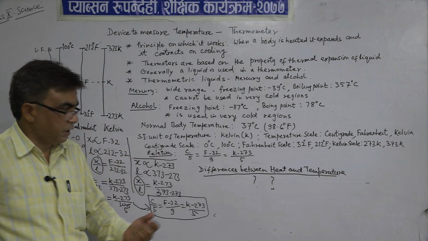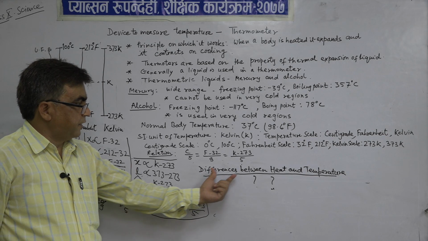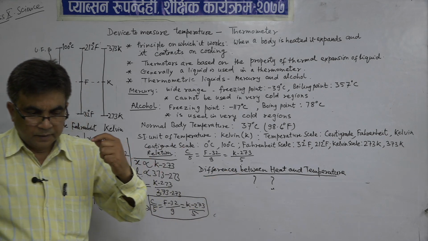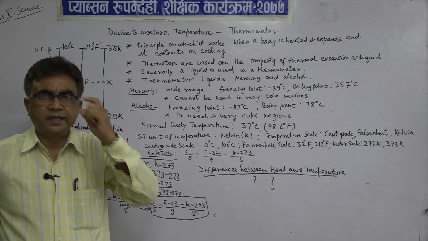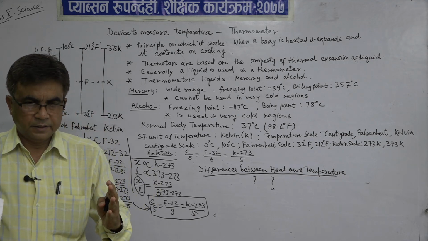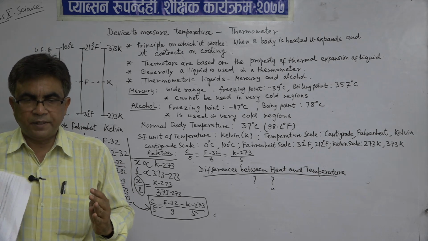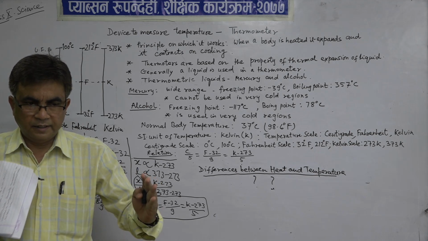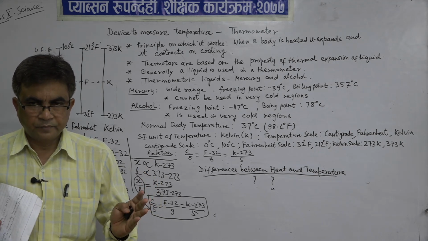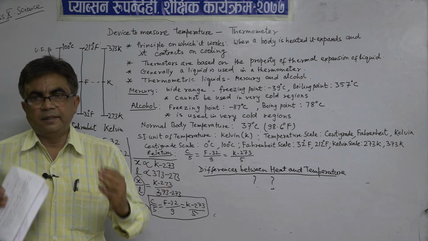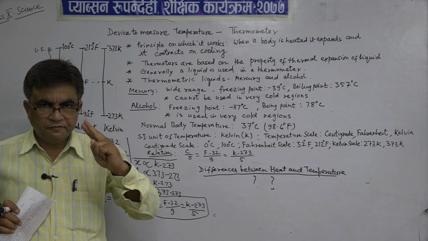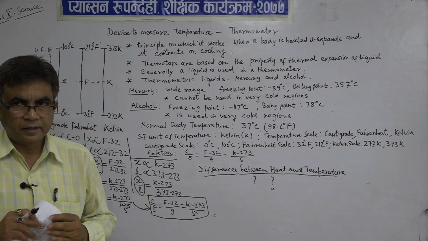Okay, now I have written here the differences between heat and temperature, and you can write them yourself, though if you go through the book you will also get them very simply. One thing, dear students, please be clear: whenever you are asked to write the difference between two physical quantities, two differences you can write very easily.